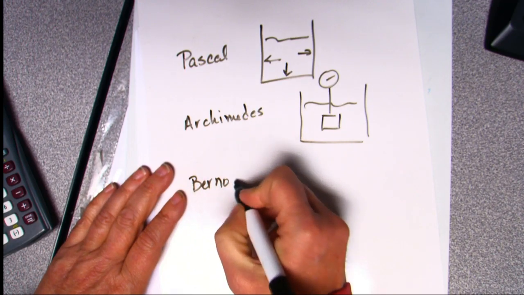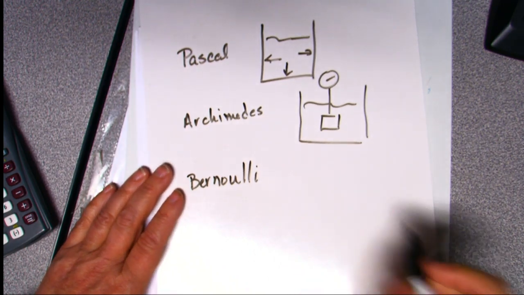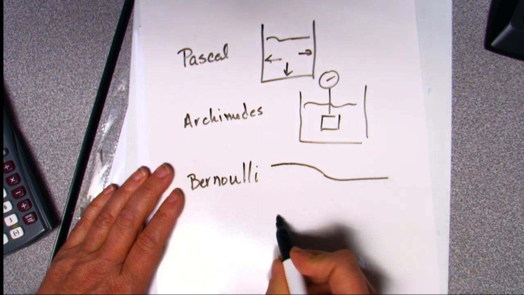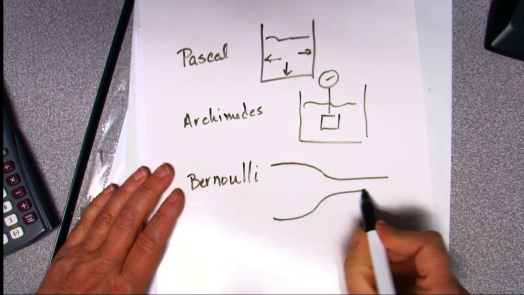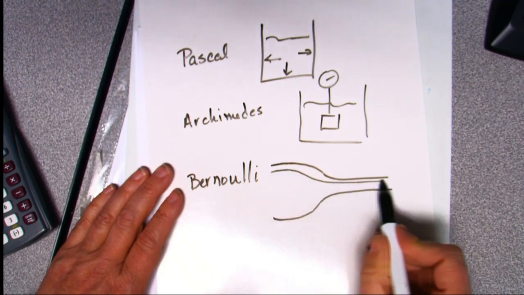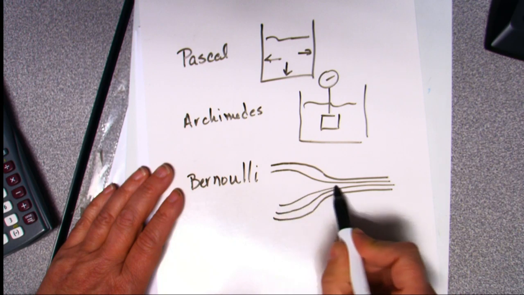Now Bernoulli gives us the idea that if I have fluid flow, my fluid is going to have to flow through the pipe.